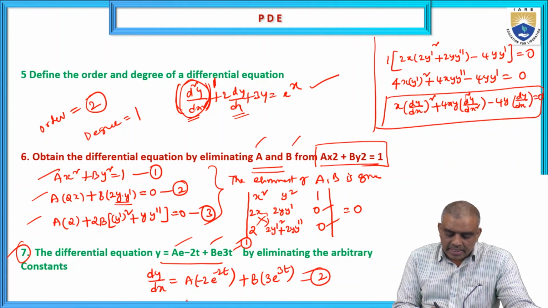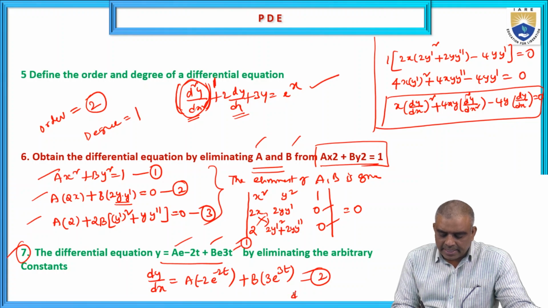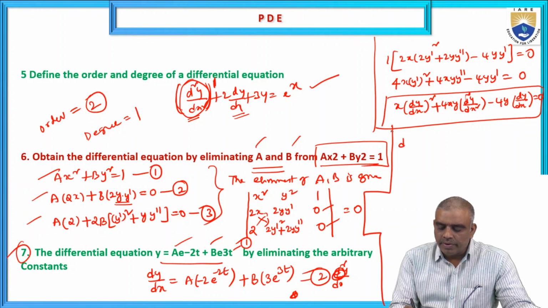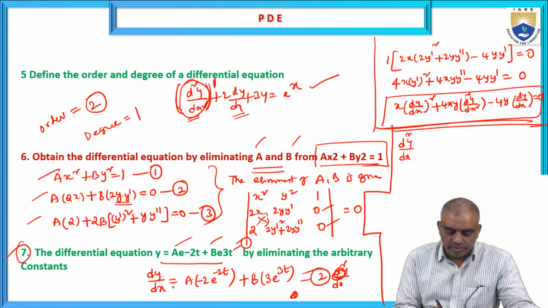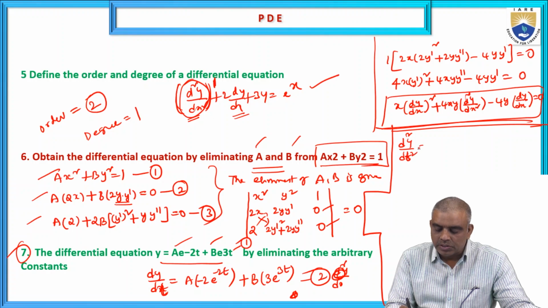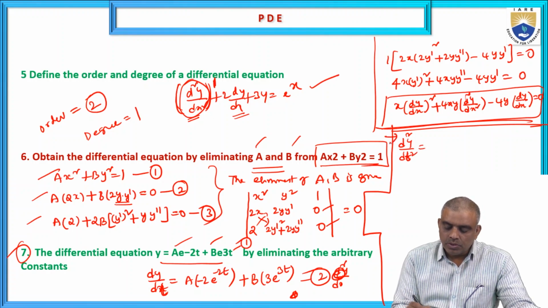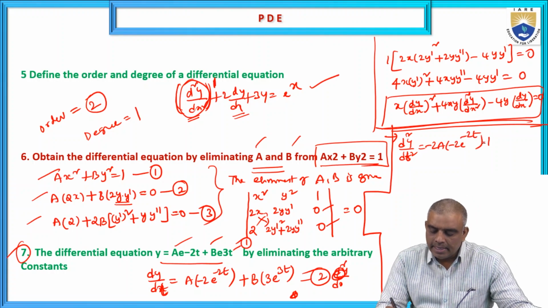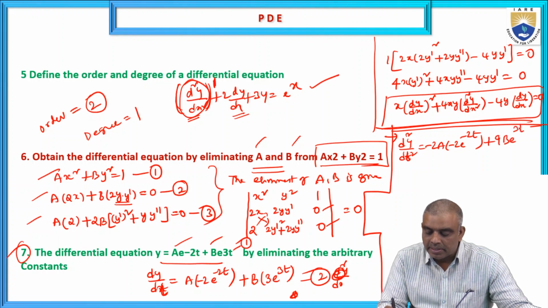Similarly, you differentiate again. On differentiating, you get d square y by dt square, because the variable is t, is equal to minus 2a constant, again minus 2, e power minus 2t, and here 3b constant, again a 3 will come, 9b into e power 3t.